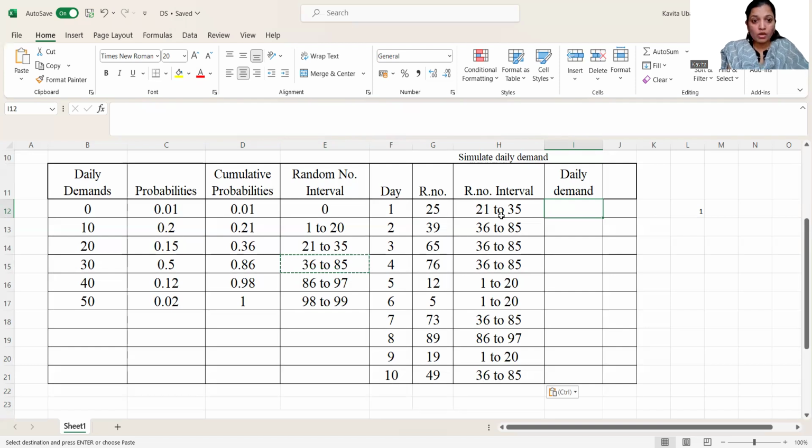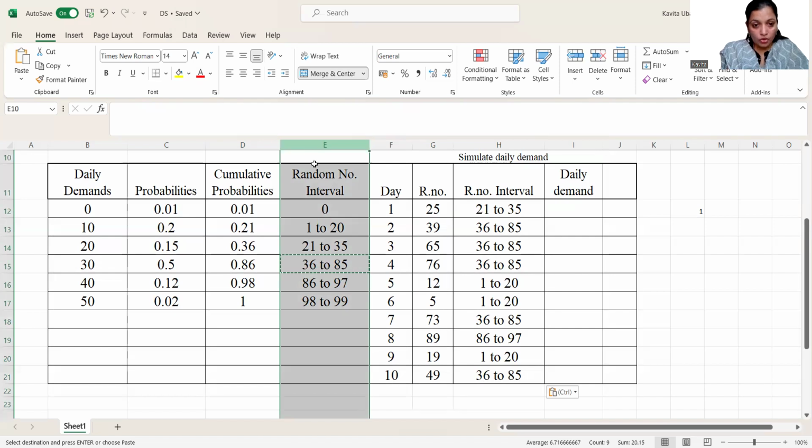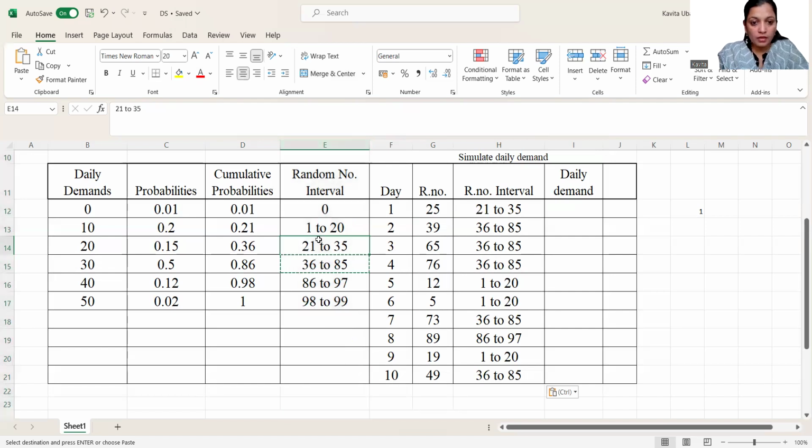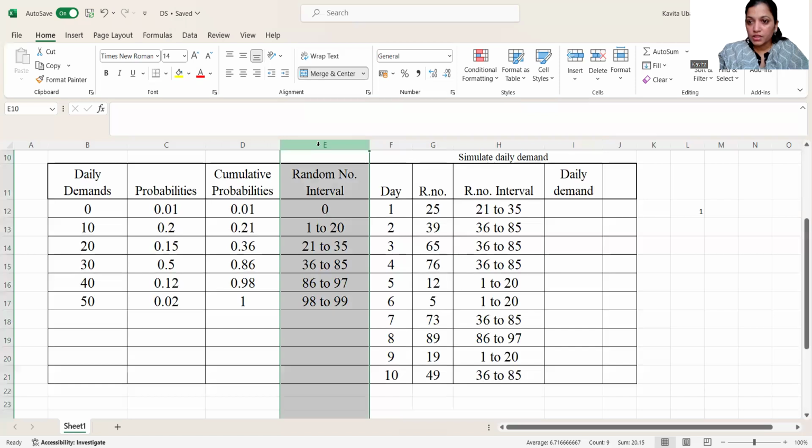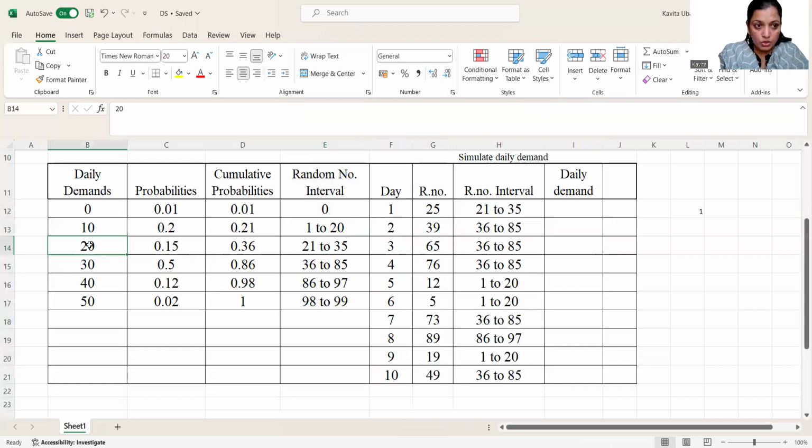When your random number interval is 21 to 35, the daily demand in that case will be, in your column E, given as 20.